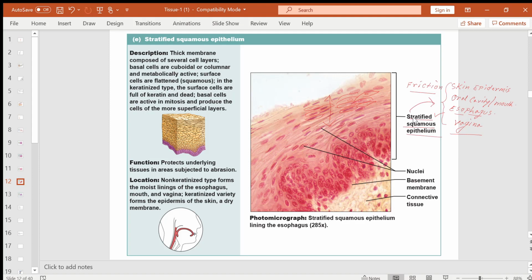Now we divide the stratified squamous into two types: keratinized and non-keratinized. Just know that in the dry surface or areas you have keratinized, and in wet or moist surface you have non-keratinized stratified squamous. So now let's see, skin is dry surface, so it is keratinized stratified squamous.